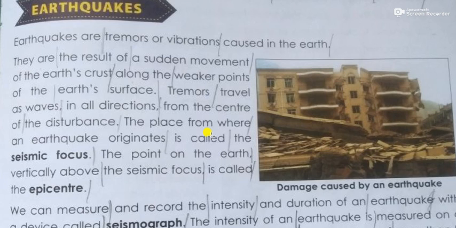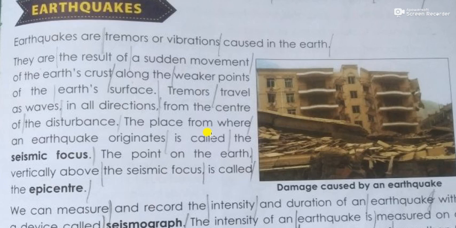So at the center of disturbance, where the vibration hits, the vibration starts from the center point, and that wave travels in all directions. The place from where the earthquake originates is called the seismic focus.